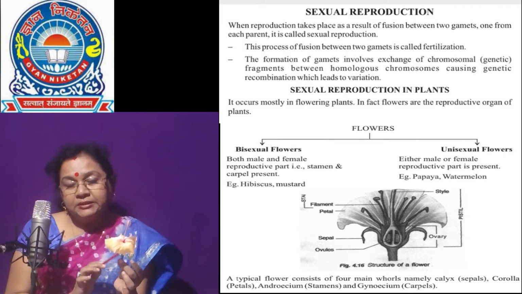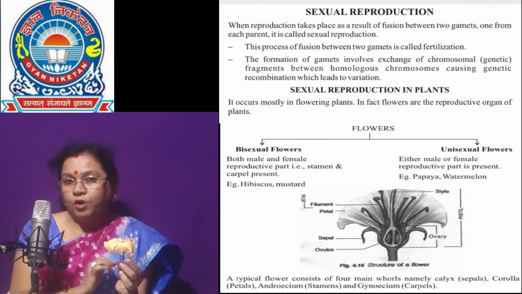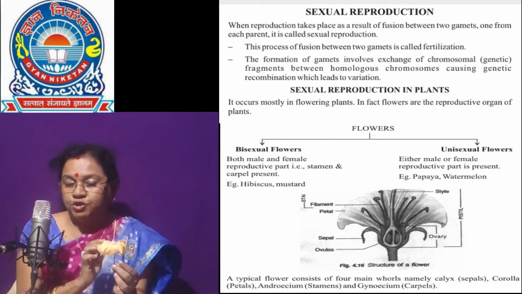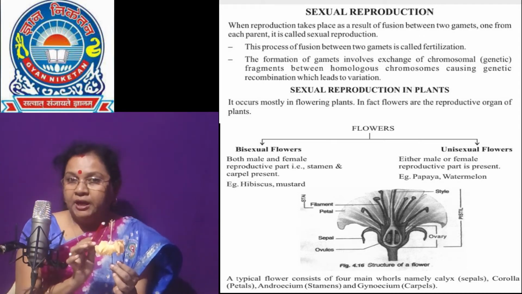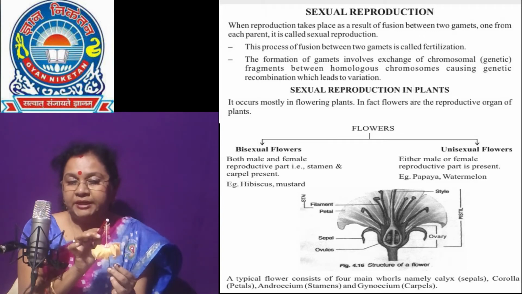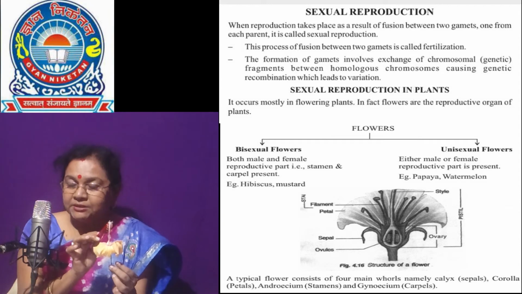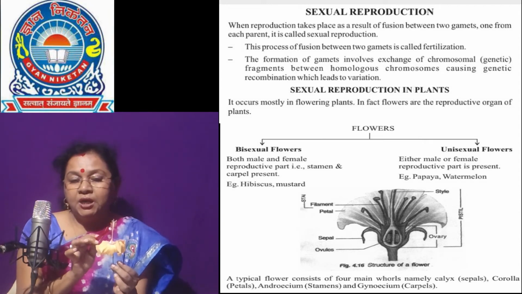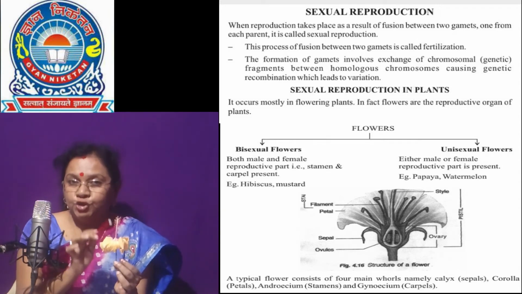Now let us discuss pollination. What is pollination? During pollination, the anther bursts, and the pollen grains are released in the air and settle on the stigma. When they settle on the stigma, the style or stigma releases a nutritive fluid which helps the pollen grain to grow the pollen tube.